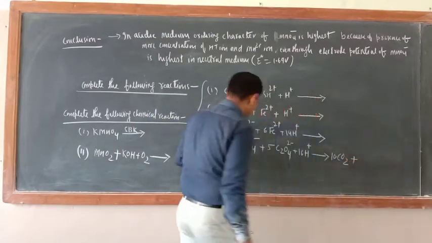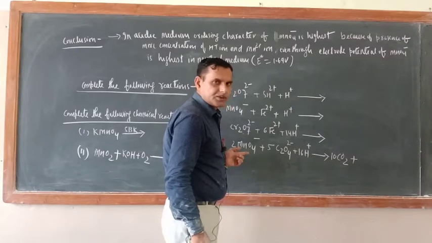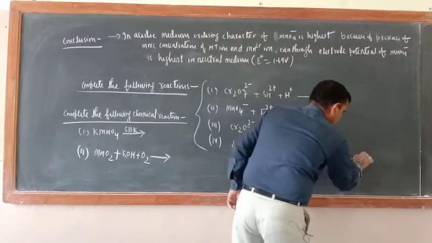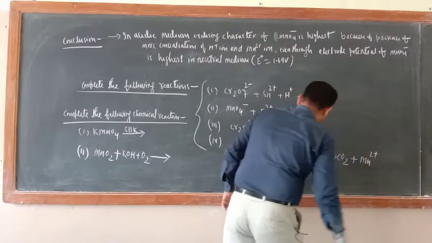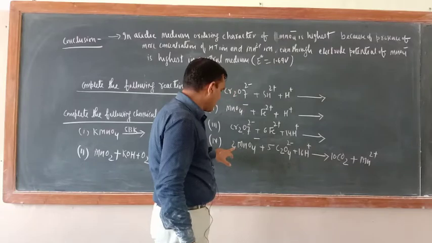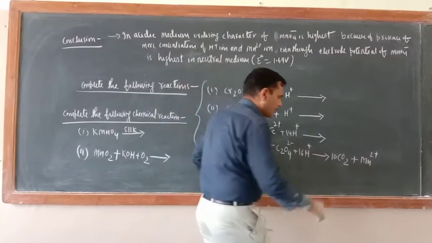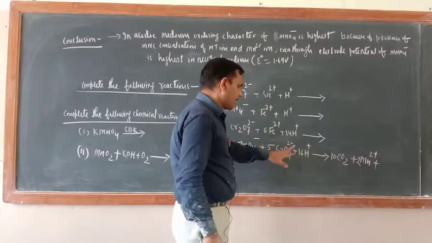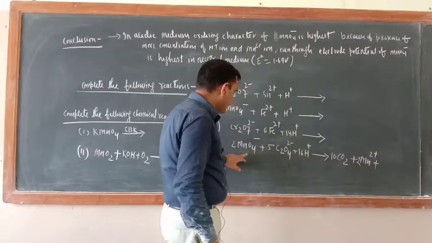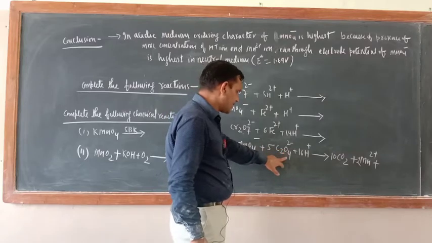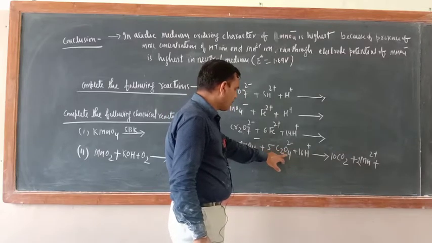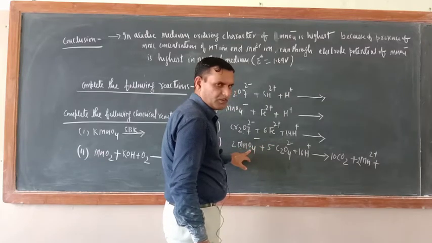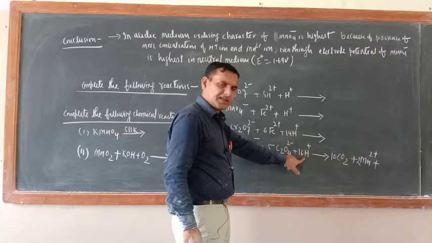In acidic medium, the oxidation state of Mn here is +7. This is the oxidizing agent, so it must be reduced. In acidic medium, the reduction product of KMnO4 is Mn2+. So write down Mn2+. How many Mn should be there? 2 are here, so write 2 Mn2+ plus the other product. Now just see, the number of oxygen on both sides: 4 into 5 gives 20, plus 4, 24 oxygen here, and the number of hydrogen is 16.